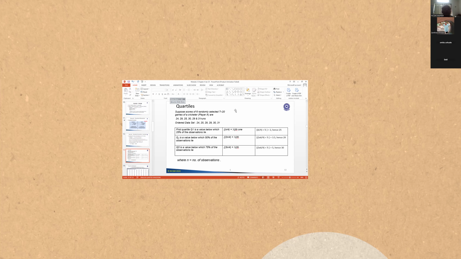The first quartile, which we call Q1, is a value below which 25% of the observations lie. Now I gave you an example of the median, and I said in India, 50% of the population is below 35 years of age. That is the second quartile, which is called Q2. Q2 is a value below which 50% of the observations lie.